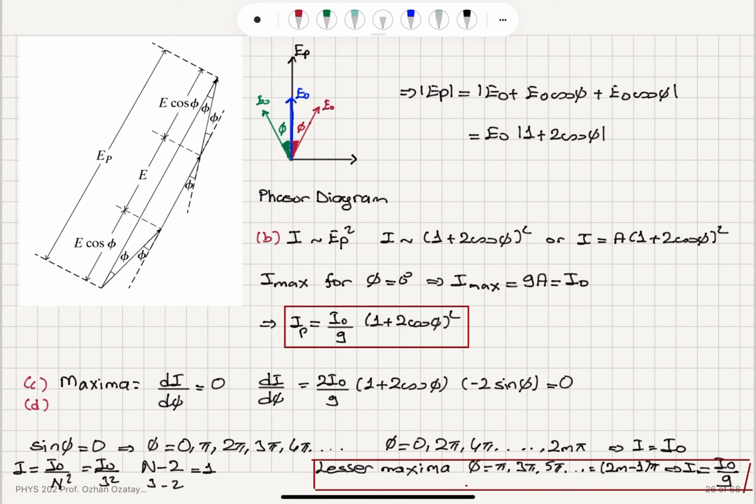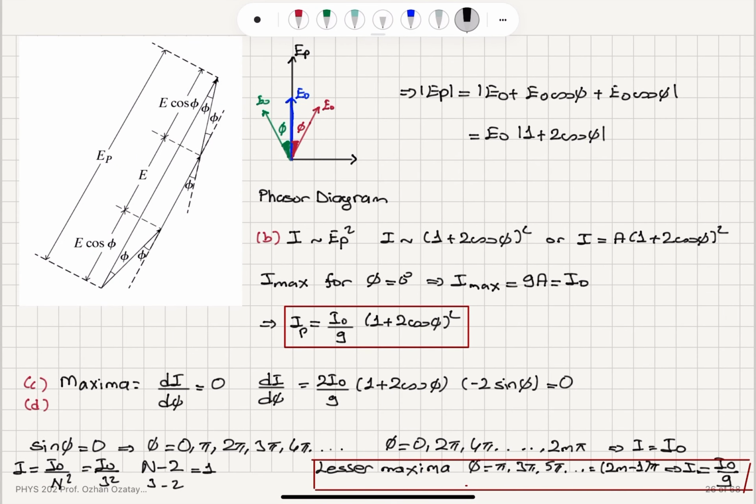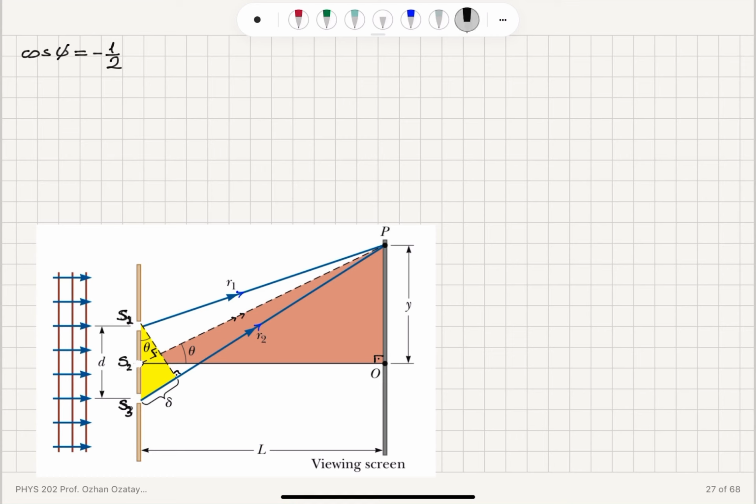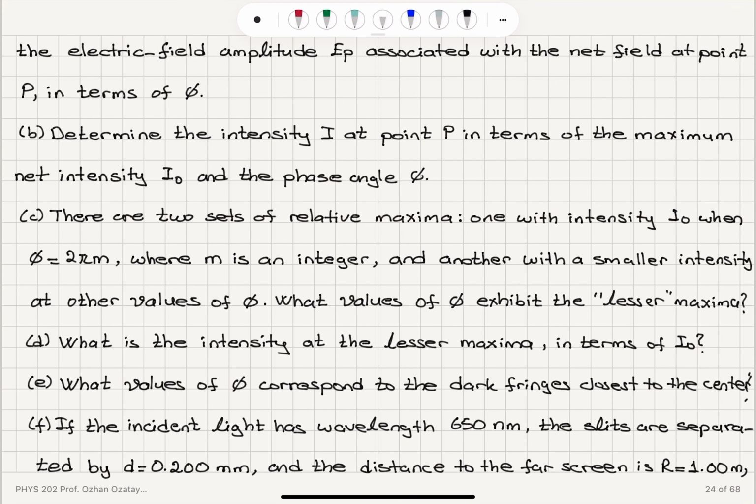All right, so what about 1 plus 2 cosine phi becoming 0? In that case, we would have cosine phi equal to minus 1 over 2. When cosine phi is minus 1 over 2, you can see here we will obtain a 0. Intensity would be 0, so the other extremum point, cosine phi equals minus 1 over 2, corresponds to the minima. So in part C, we were asked to find the values of phi that exhibit the lesser maxima.